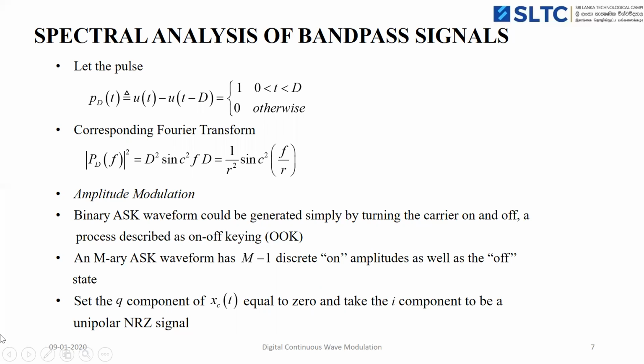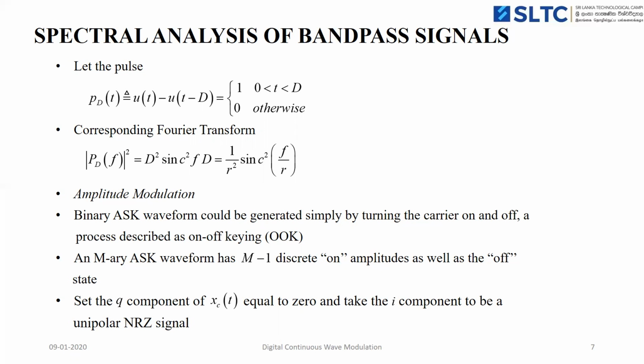Set the Q component of the bandpass modulated signal xc(t) equal to 0, and take the I component as a unipolar non-return to zero signal. We can get the information from the in-phase component only. Even though the modulated signal contains both the in-phase and the quadrature component, we are not considering the quadrature component.